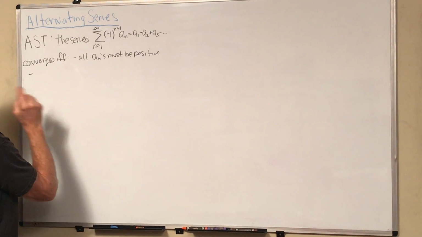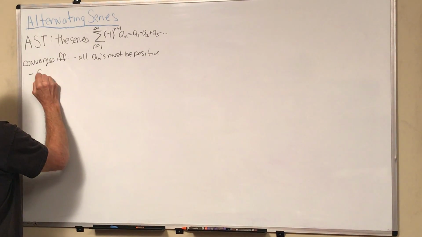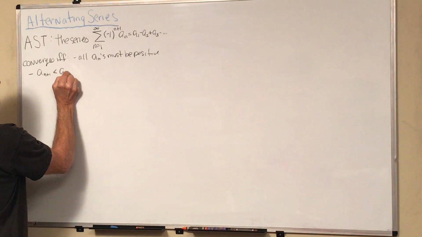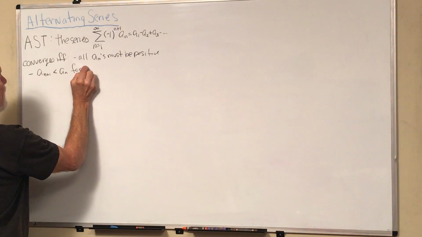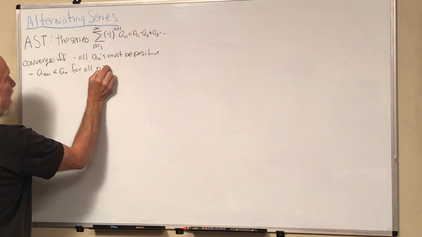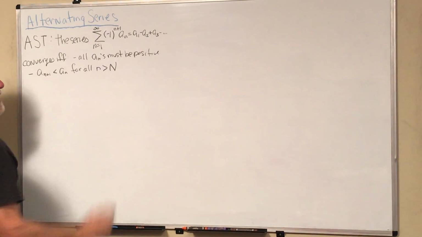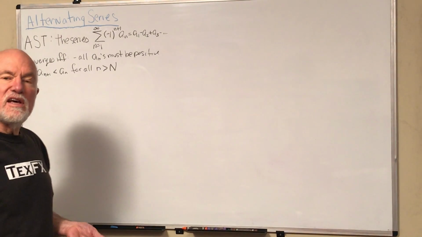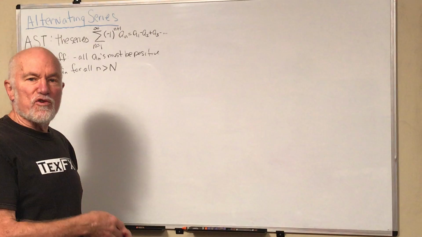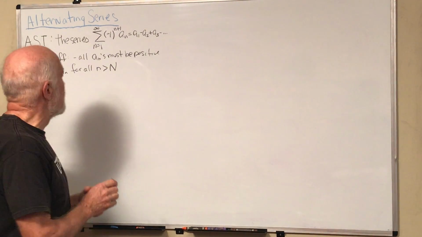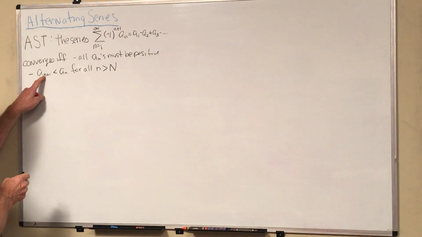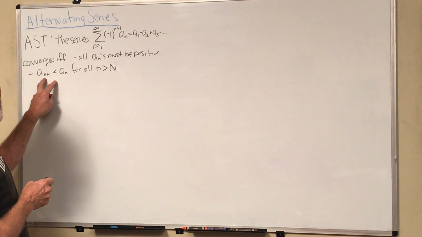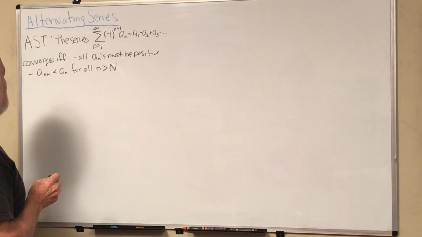And then 2, the a sub n plus 1 has to be less than a sub n for all n greater than some big N. So it doesn't have to happen right at the beginning of the series. Just like with all series, those first so many terms don't really affect convergence. But after a certain point, what this is saying is all the terms in absolute value have to be getting smaller.